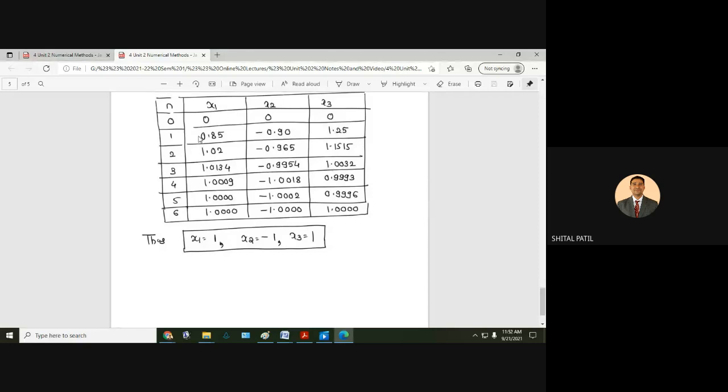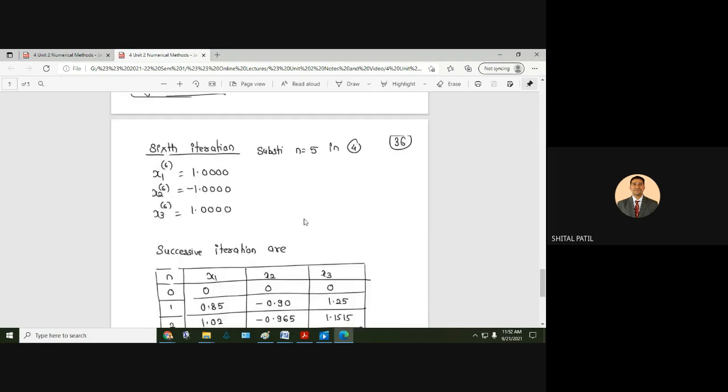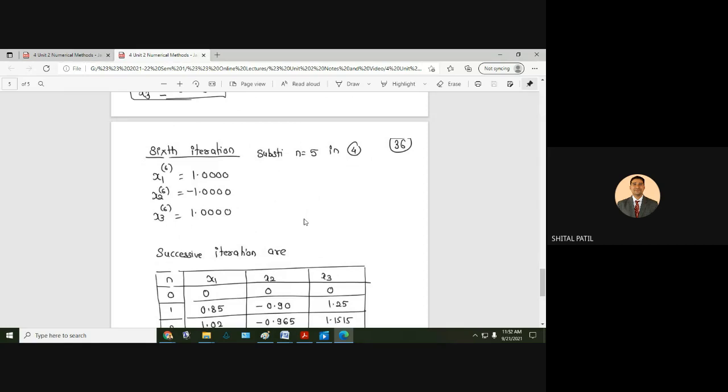This was the table. We observe that x1 converges to 1, x2 converges to -1 and x3 converges to 1, and they are the answers. So we'll continue with this and go through one more example on the Jacobi iteration method.